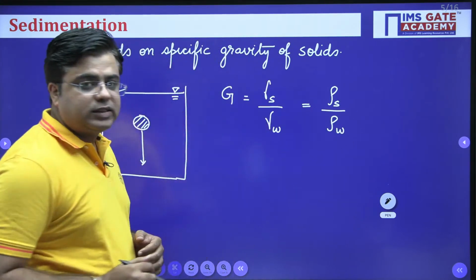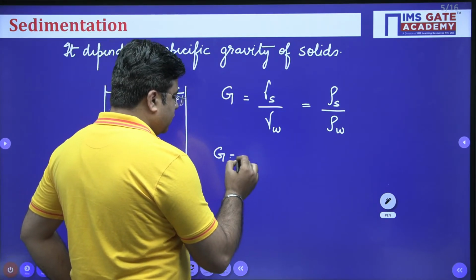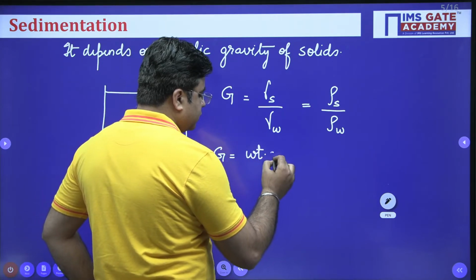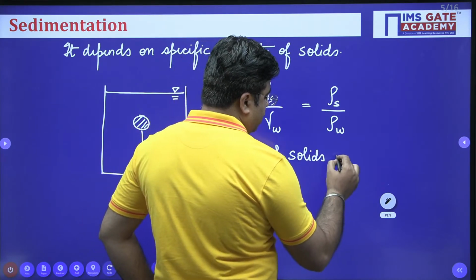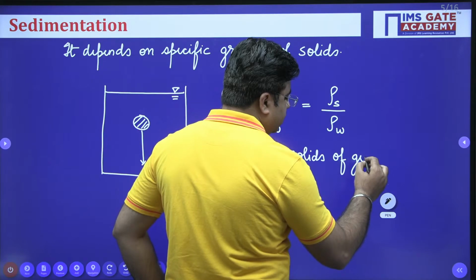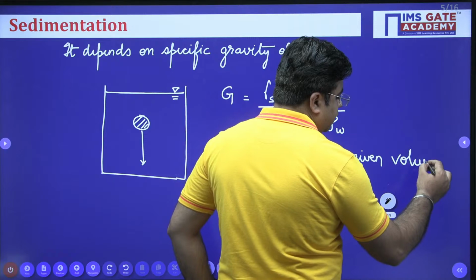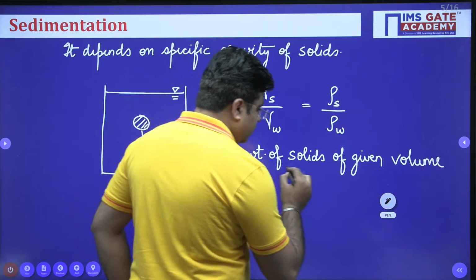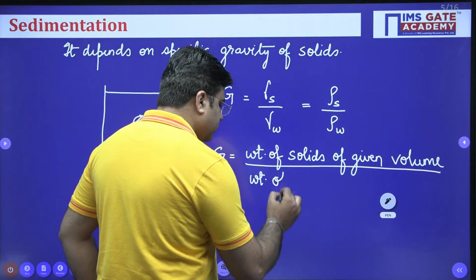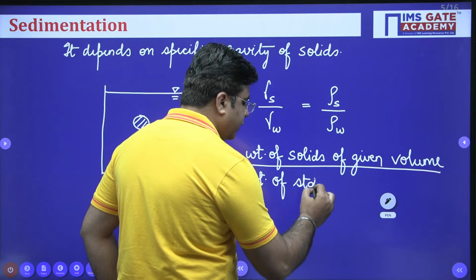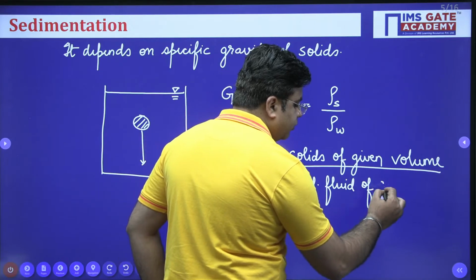If you talk about the standard definition of specific gravity, G is defined as the weight of solids of given volume divided by the weight of standard fluid of the same volume.